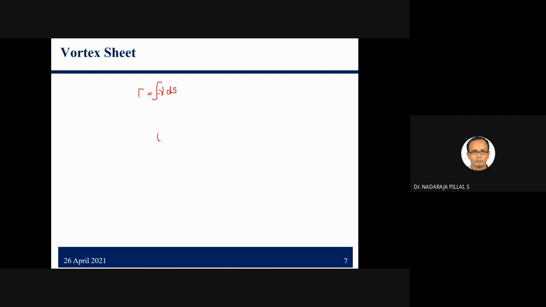Now I consider the sheet of vortex. So I can say that this is gamma of s.